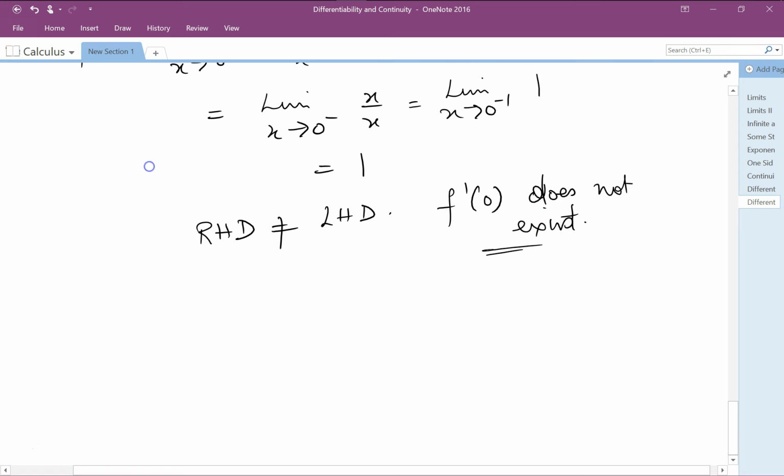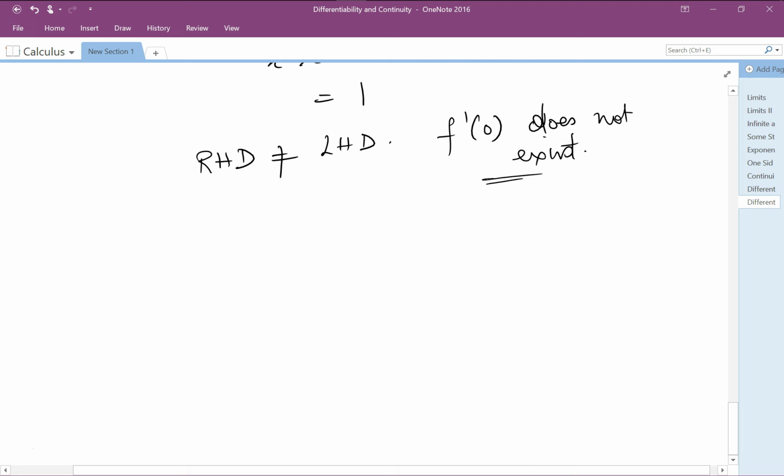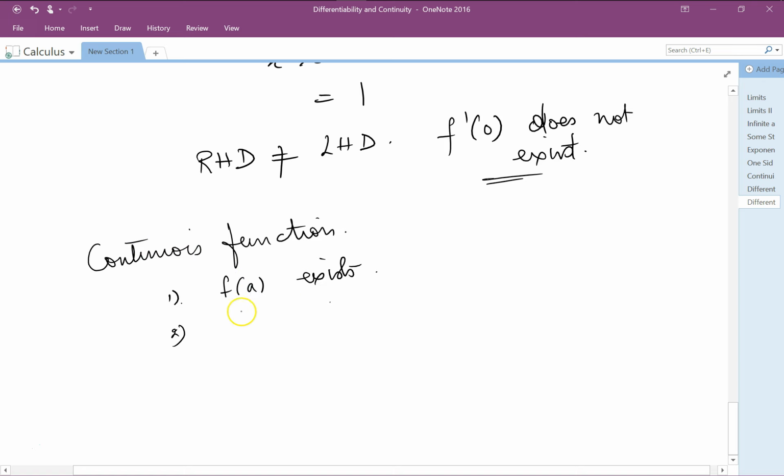So basically, you can find whether it is a continuous function or not. For continuity, f of a should exist. Limit as x approaches a of f of x exists, which means here the left hand limit is equal to the right hand limit.